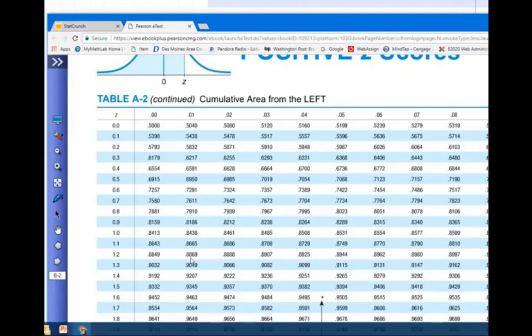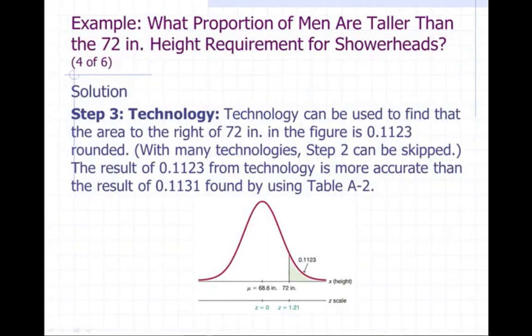So I'm going to have to take 1 minus 0.8869, and I get 0.1131, which, you can see, is what we found from technology and from using the table.